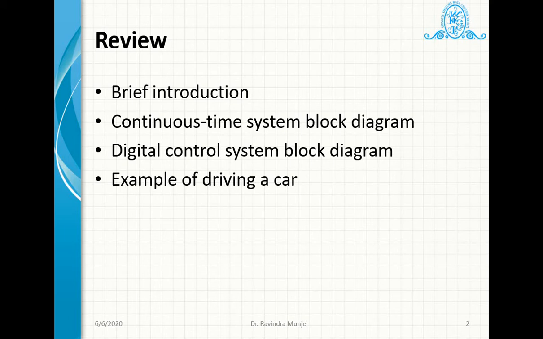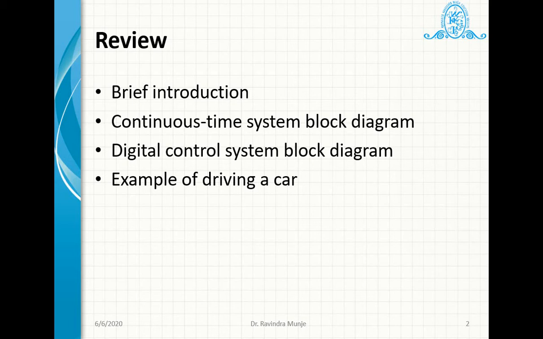One is the leg for applying the brakes and the other is the hand for changing the position of the steering. In that control system, our brain is acting as the controller. So that was the example of a continuous time control system.